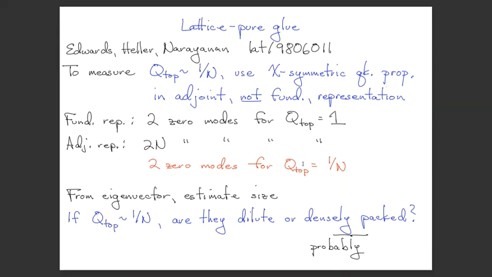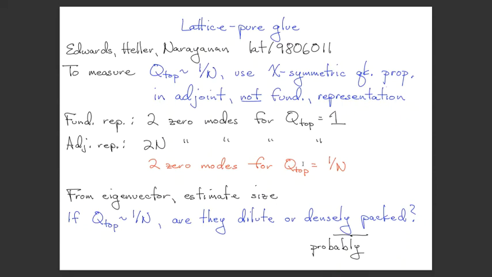The reason is that in the fundamental you have zero modes for each chirality only for integral topological charge. If you want to measure fractional topological charge, you'd have to use the propagator in the adjoint. They claim to have evidence of that, but this was a long time ago.